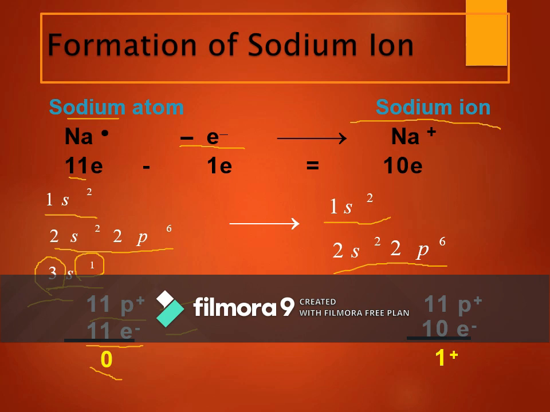Isoelectronic means having the same number of electrons or the same electronic structure. So there are 11 protons and 10 electrons in sodium ion. Positive 11 plus negative 10, the net charge is positive 1. That is how net charge is produced. As I have said earlier, the tendency of group 1, 2, and 3 is usually to transfer their valence electron to become stable.